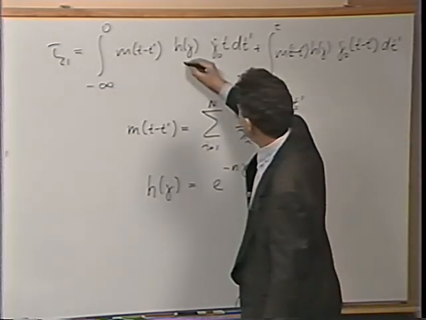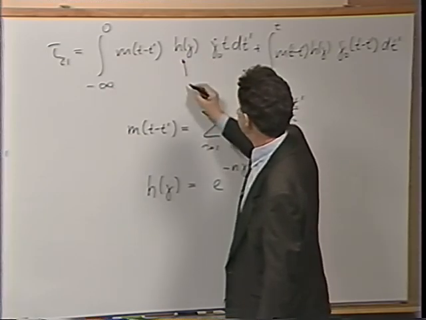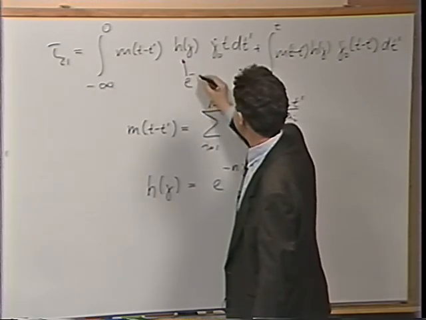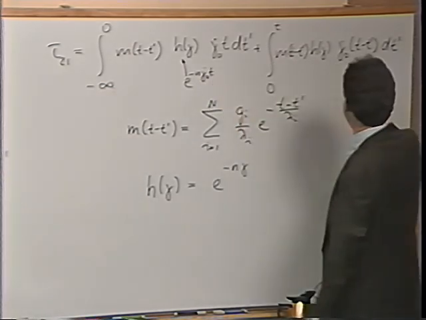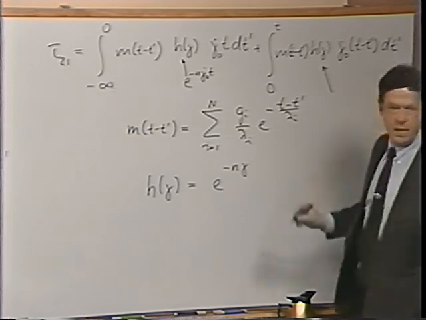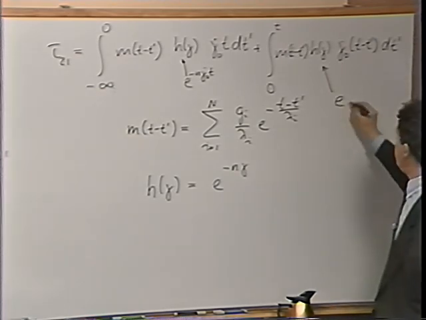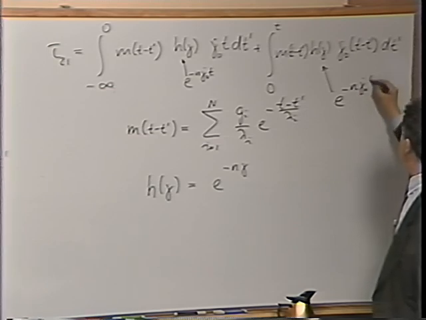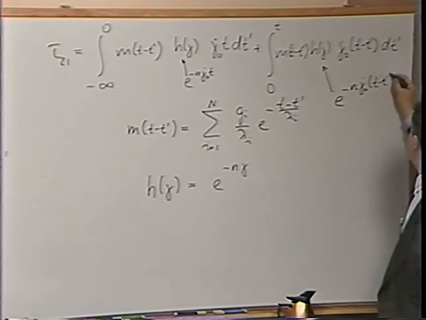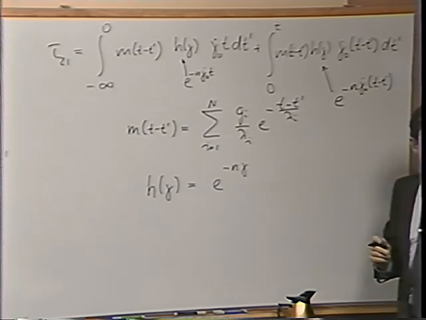So in this case, we have e to the minus n gamma dot 0 times t, and in this case up here, we have e to the minus n gamma dot 0 times t minus t prime, putting in the individual strains.